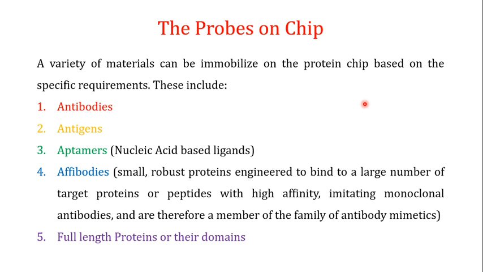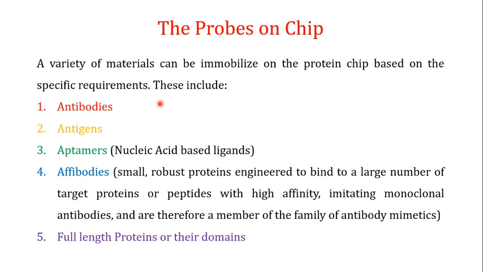If you talk about the solid support, or the protein chip, a variety of materials can be immobilized on the protein chip based on the specific requirements. So the probes on the chip come in a different variety, and a variety of things can be immobilized on the protein chip.